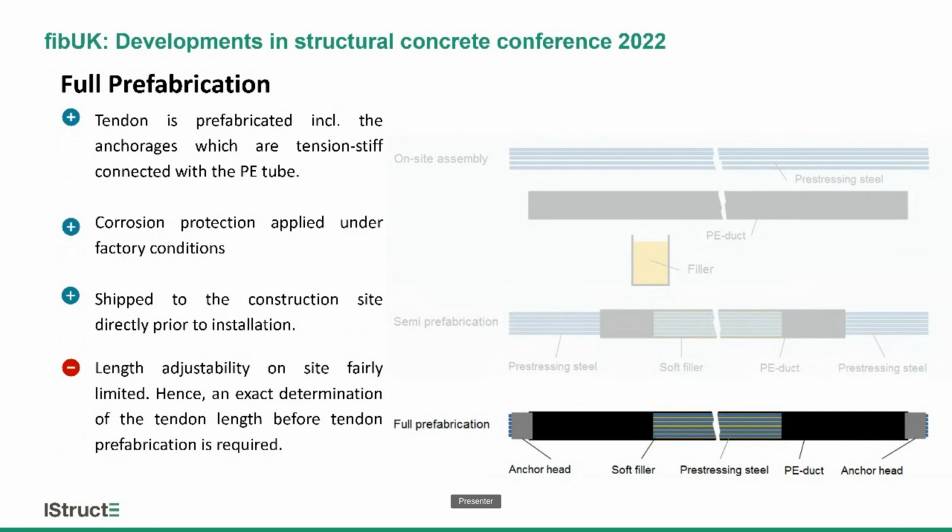That means under factory conditions, then shipped to the job site directly prior to installation, installed and stressed, and no further corrosion protection work needs to be applied. What the negative aspect is, of course, is that there is no length adjustability anymore. So before the tendon is produced, the exact length has to be determined. Otherwise, you might have a problem on the job site.